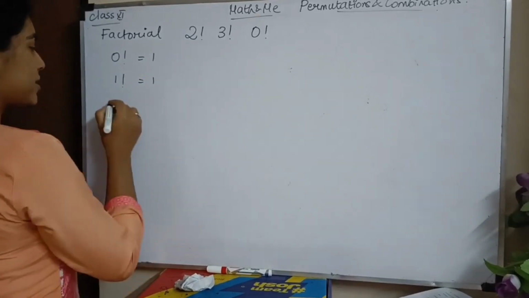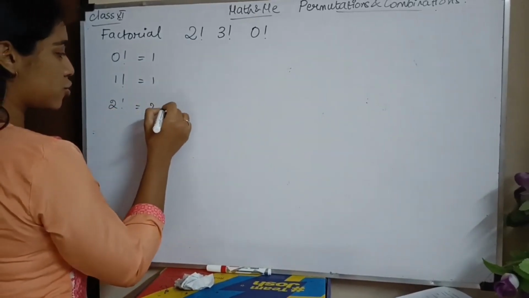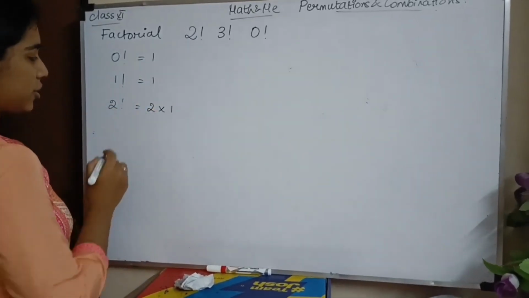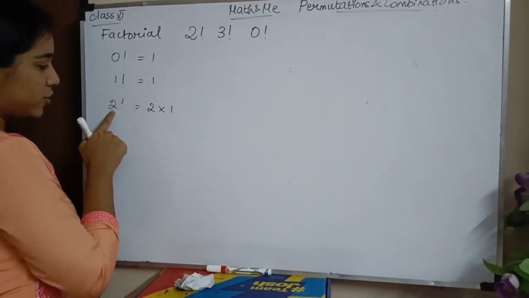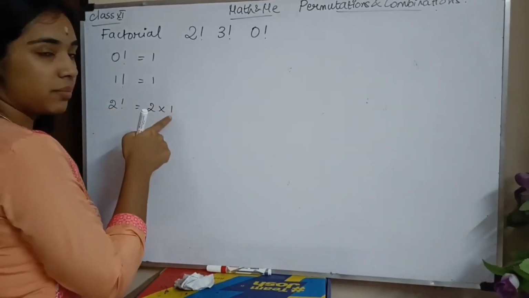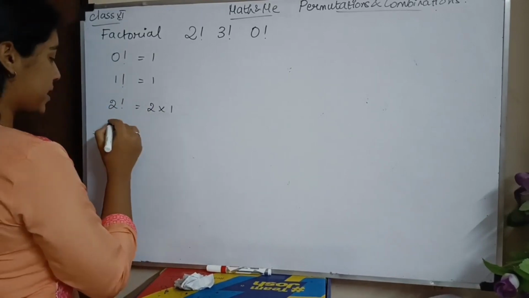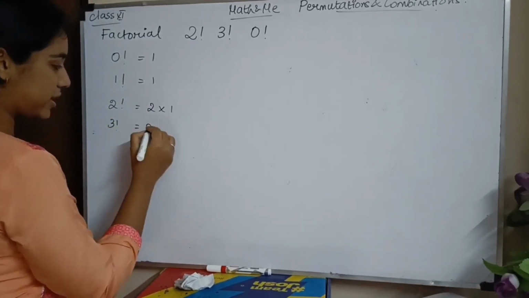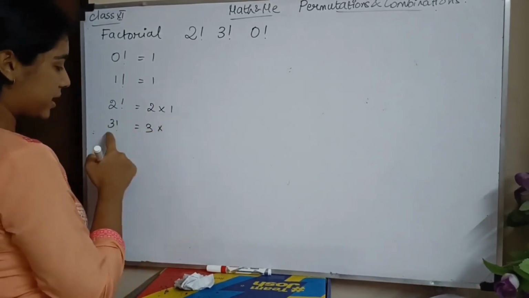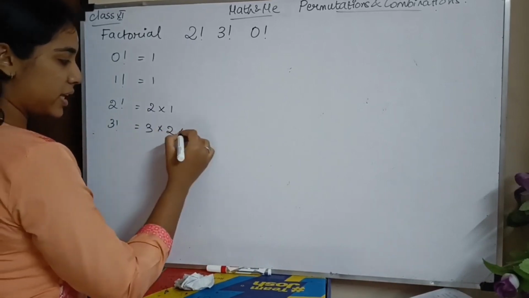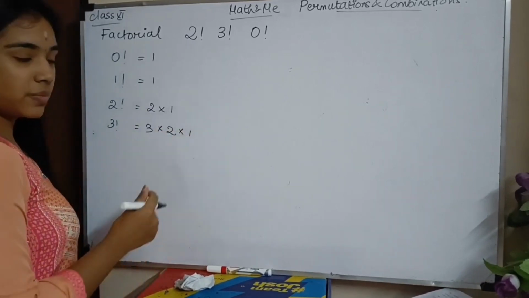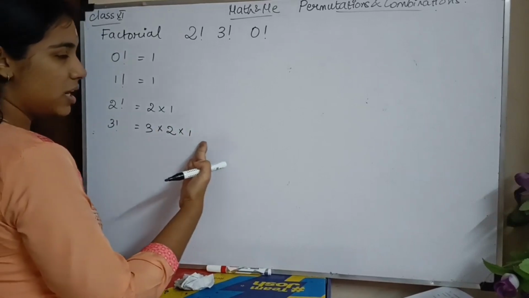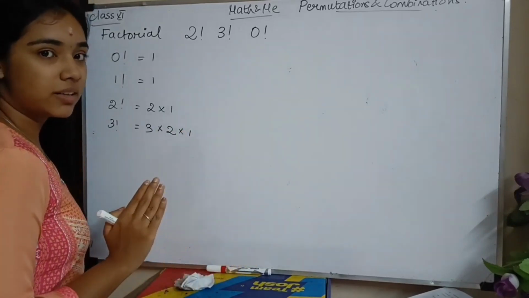What is 2 factorial? It is 2 times 1. So basically you have a number, you write the number and multiply by the number minus 1. For 3 factorial, you write the number, multiply by the number minus 1, and then the next number minus 1. So you keep reducing the number until 1.